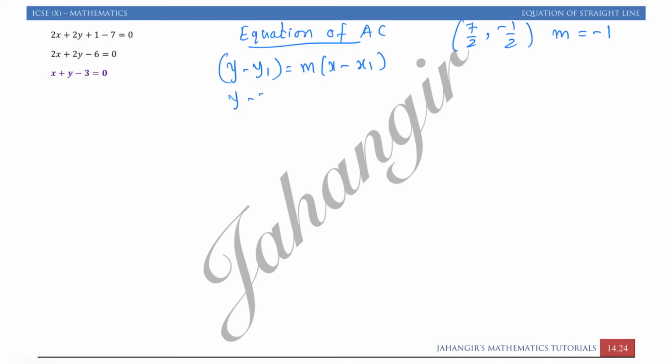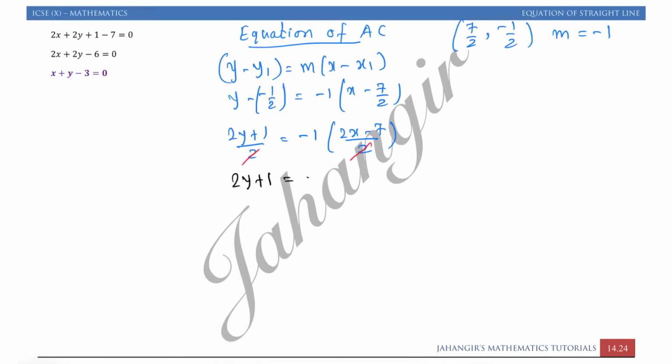So y minus minus 1 by 2 is equal to m into x minus 7 by 2. We will take LCM: (2y plus 1) upon 2 is equal to minus 1 into (2x minus 7) upon 2. 2 will get cancelled. You will get 2y plus 1 is equal to minus 2x plus 7.